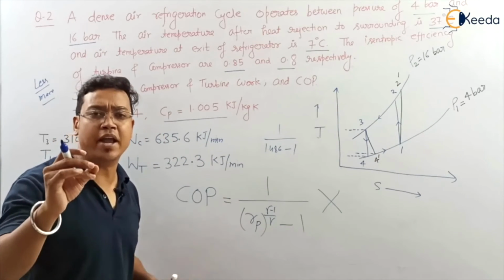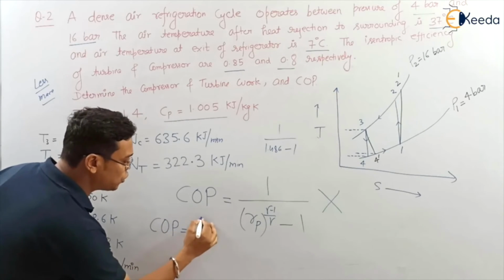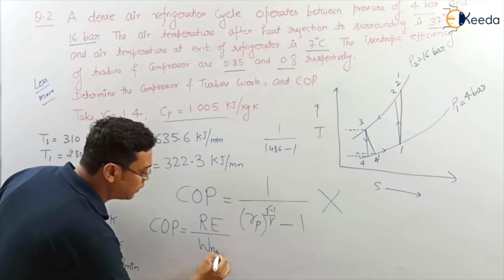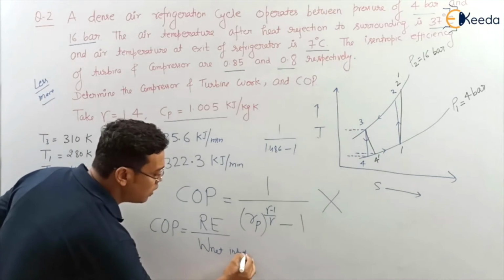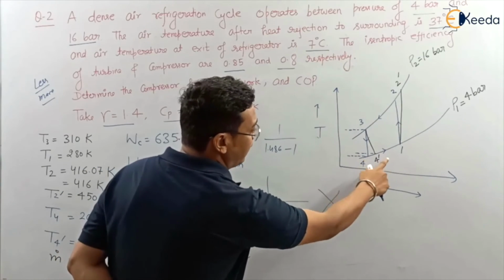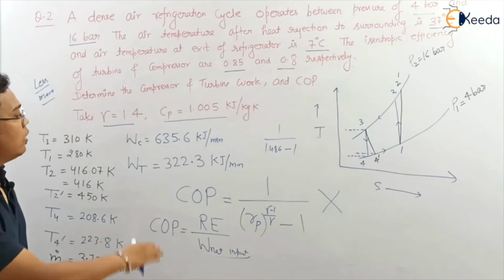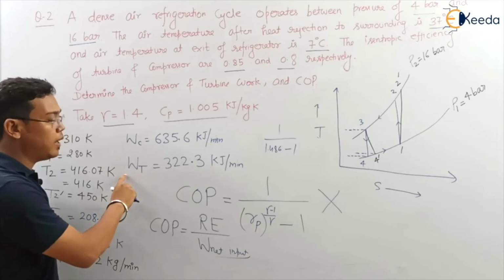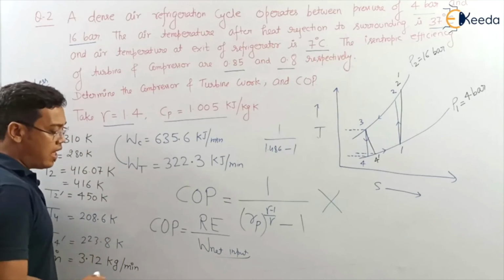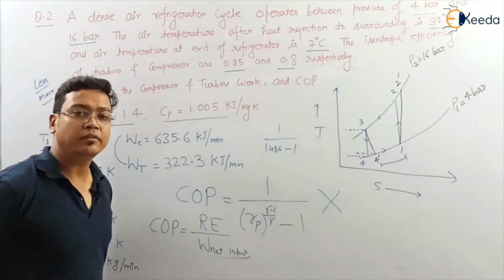So we will use the basic formula for COP, which I explained in my first video. COP is the ratio of the refrigeration effect divided by the net work input. RE you can find here as m Cp (T1 minus T4 dash), and net work input is minus WC plus WT.